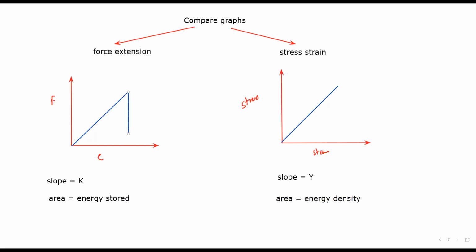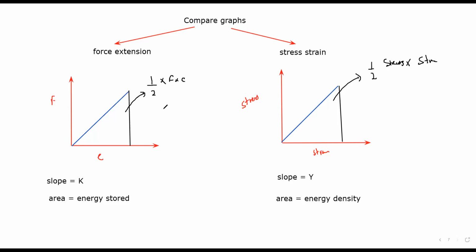If I draw a line here, it will be half base into height, F into e. And if I draw a line here, that will be half stress into strain, because it is making a triangle, so half stress into strain.